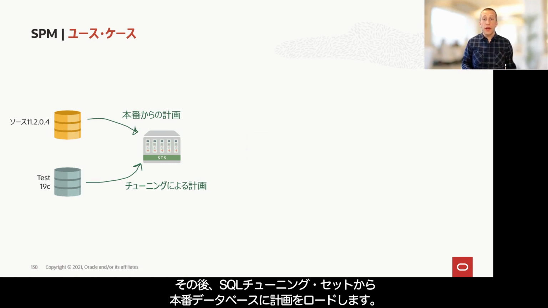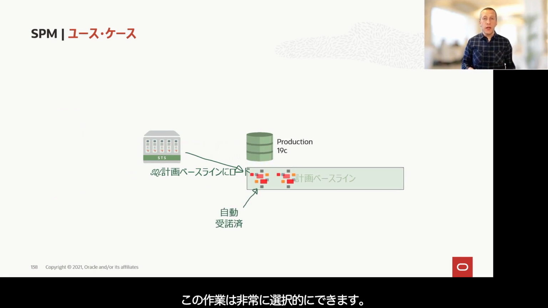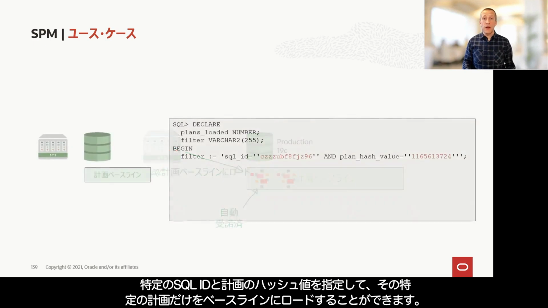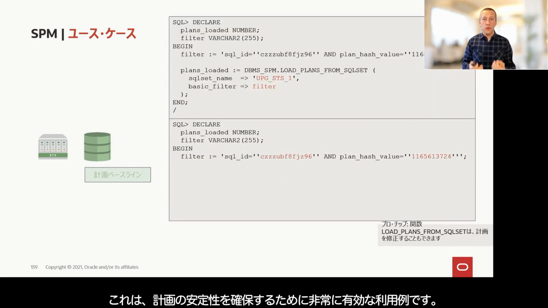I then load plans from the SQL tuning set into my production database, and I can do it very selectively. I can specify one specific SQL ID and one plan hash value and only load that specific plan into my baseline. This is a really good use case to ensure plan stability.